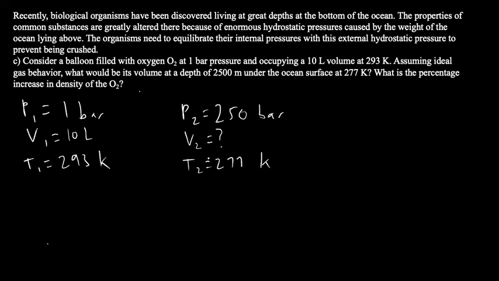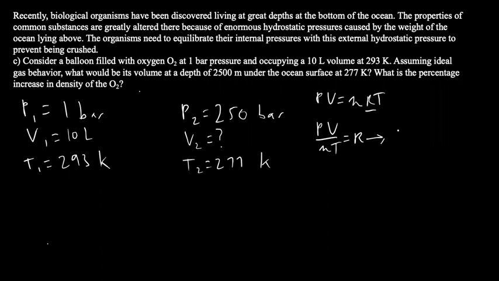All right. So in order to find V2, we use our ideal gas law. Ideal gas law is PV equals nRT. But R here is a constant. So because R is a constant, we can say that PV over nT equals R, and this relationship holds for any ideal gas.